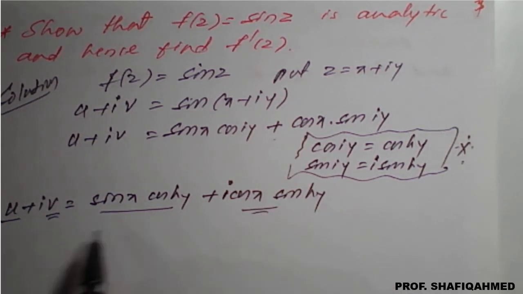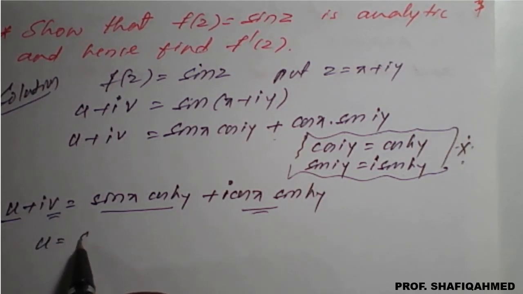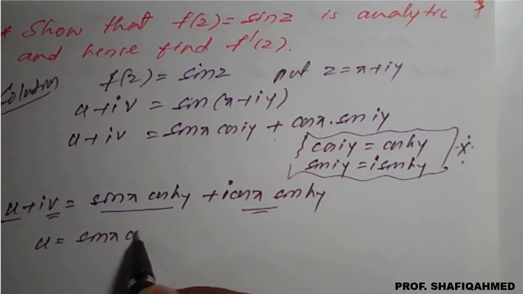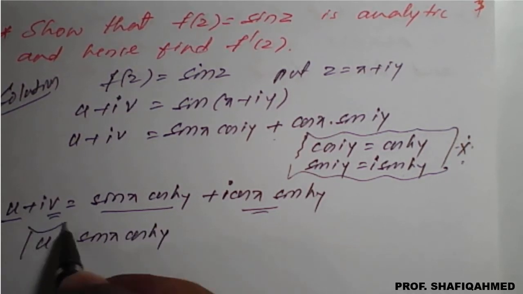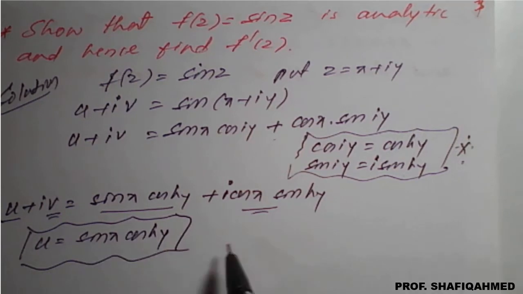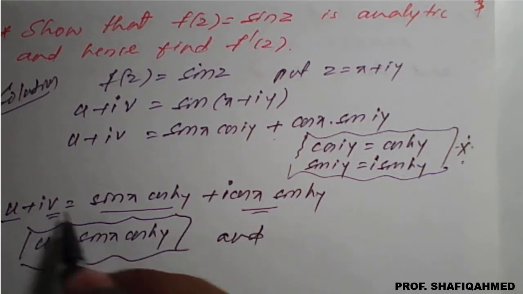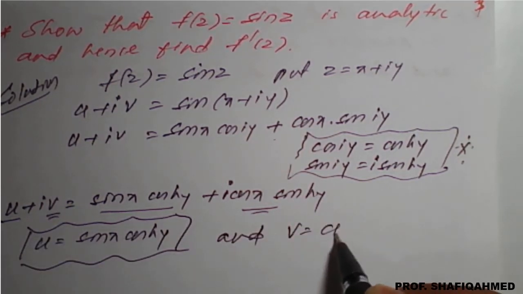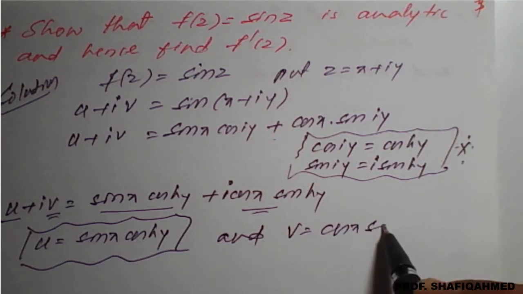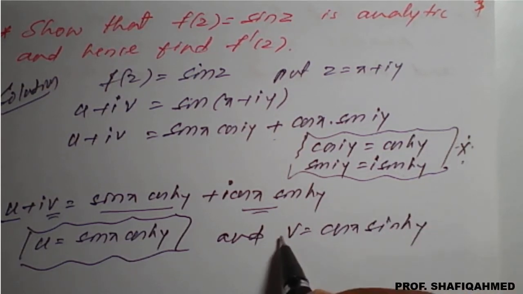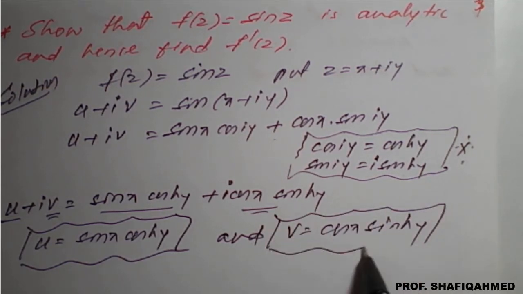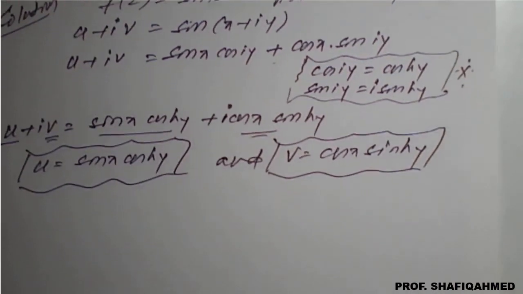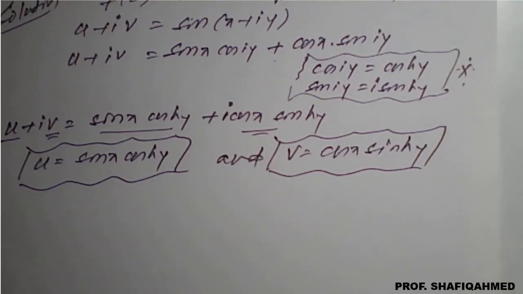On equating real and imaginary parts, we get u equal to sin x into cos hyperbolic of y, that is the real part, and imaginary part v equal to cos of x into sin hyperbolic of y. So this is the real function and imaginary function, that is u and v.